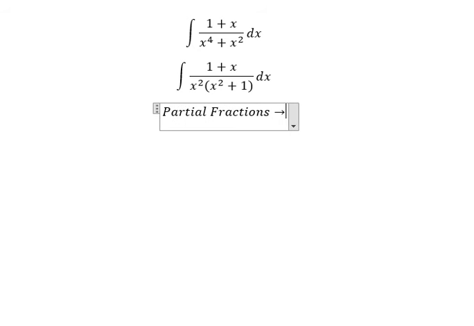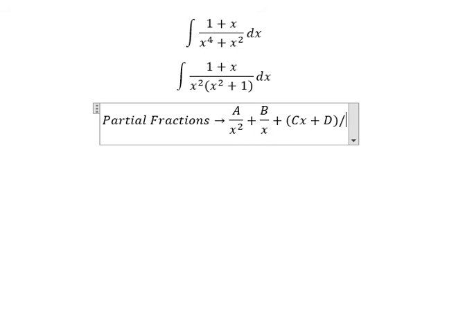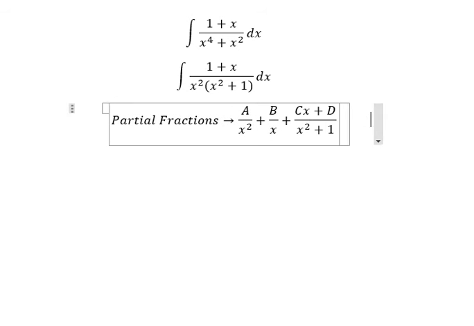So I will put capital A over s squared, capital B over s, capital Cs plus D over s squared plus 1. Because this is the power 2, when we do partial fractions, we need to reduce the power here.